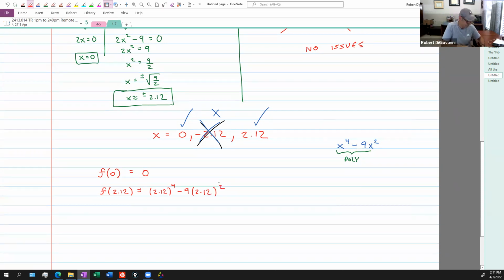Calculator time. Now would be a good time to ask a question if you have one. For those of you playing along at home, negative 20.25-ish, something like that. Anybody else get that? I hope.